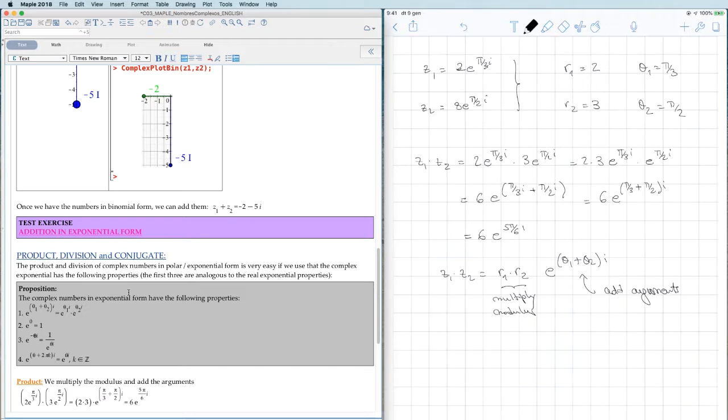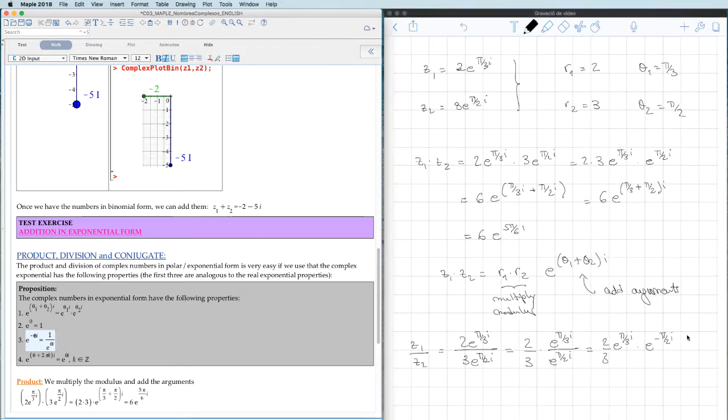What about if we divide them? Okay, so imagine that we now have to do z1 over z2. So this is going to be this one here. So again, we break the two of them by splitting the real numbers and the complex one. And now we can use property 3, which tells us that we can move up the one we had on the bottom by just putting a minus.